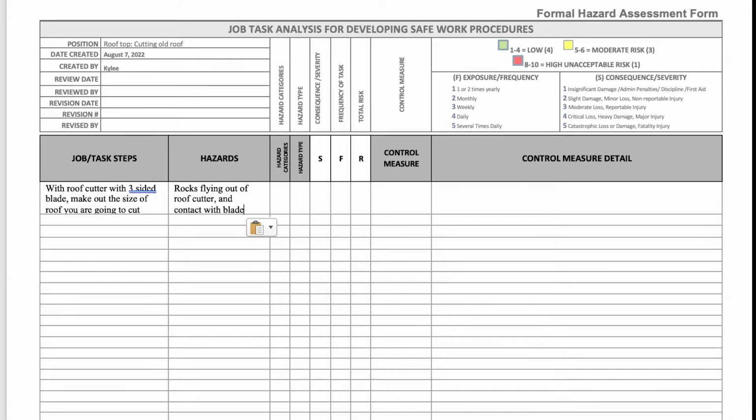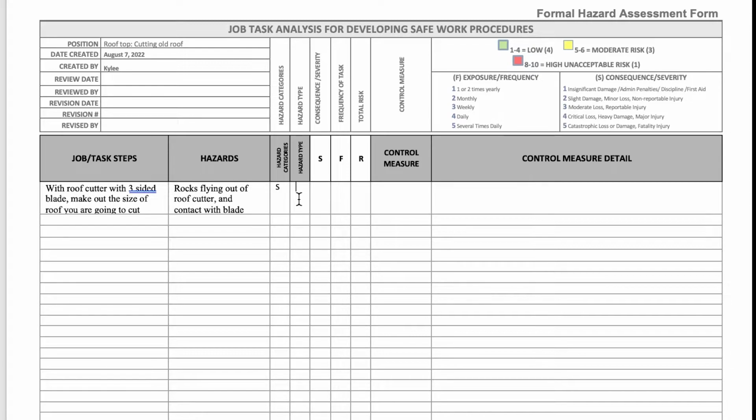So rocks flying out, making contact with that blade could result in a safety hazard. Again, this is a more immediate rather than a long-term injury or hazard type. So that is why I'm putting S there.